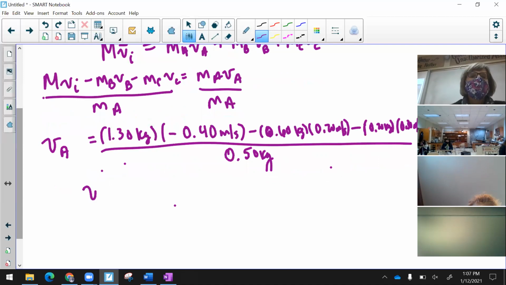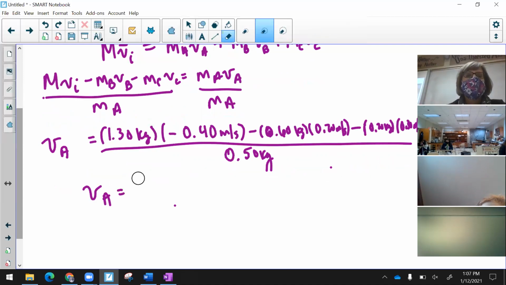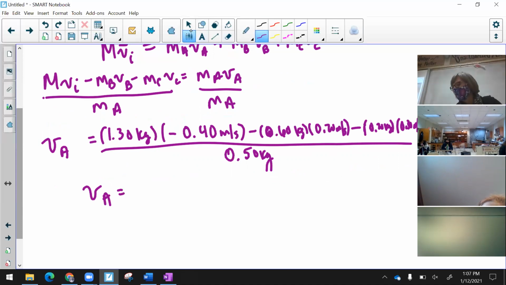And when you work your calculator magic, we get what? Negative 1.4 meters per second. Okay, so Fiona got negative 1.4 meters per second.